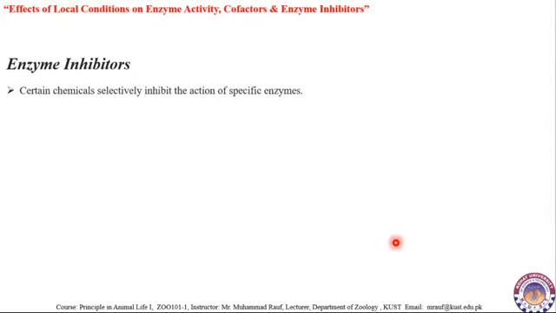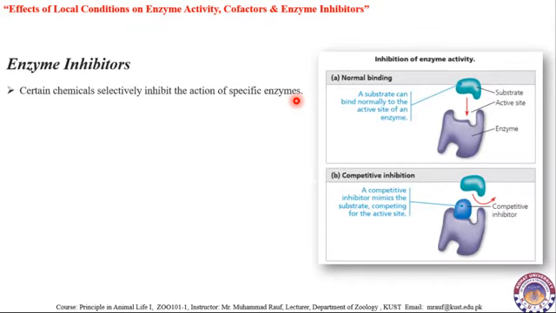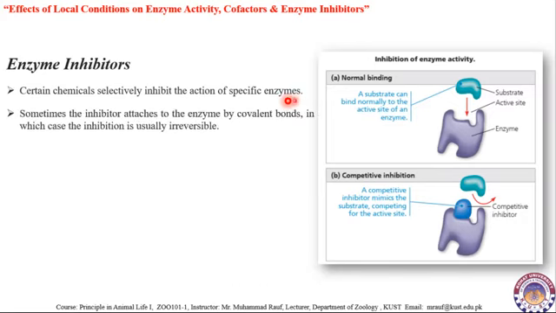Now, enzyme inhibitors. Certain chemicals selectively inhibit the action of specific enzymes. They hamper the activity of the enzymes.